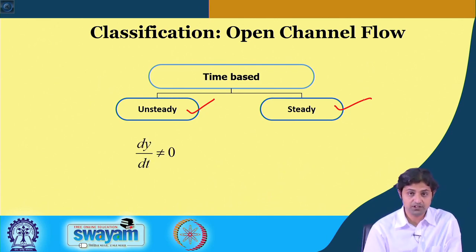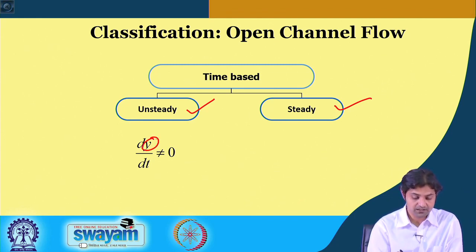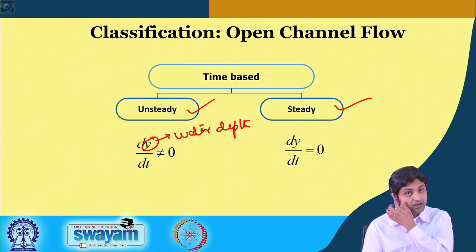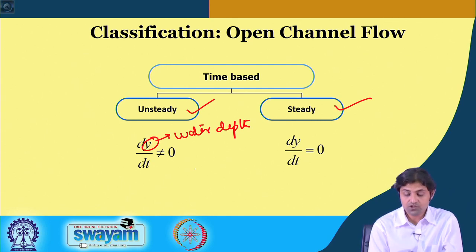Unsteady means dy/dt is not equal to 0. Here y, as we said, is the water depth. For the basic definition, we see the change of water depth with respect to time; if it is not equal to 0, then that is unsteady flow, and for steady flow the change of water depth at any point with respect to time is 0.